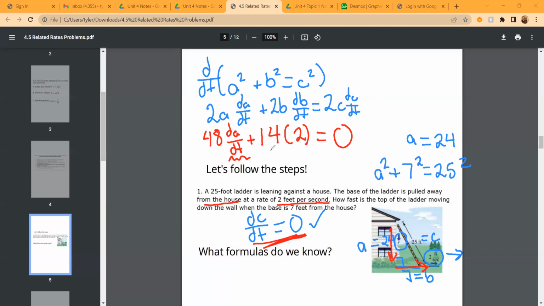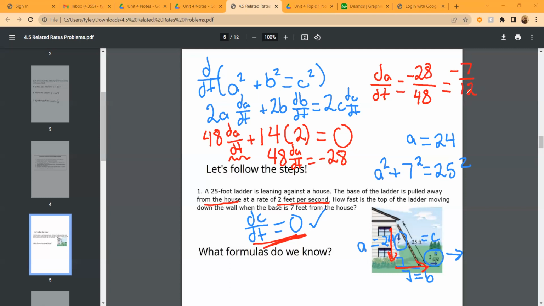And so if we want to solve this, we would get 48 dA/dt equals negative 28. And then we solve and get dA/dt is equal to negative 28 over 48. I'm going to simplify that just a little bit. We can take a 4 out of both of them. That gives us negative 7 over 12.